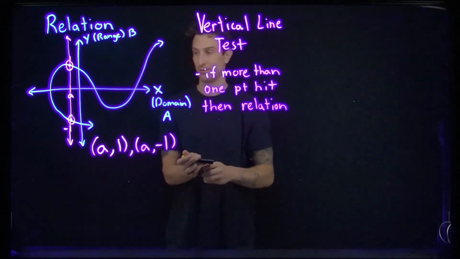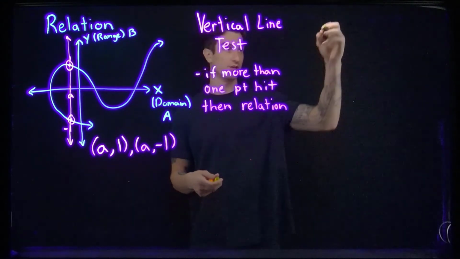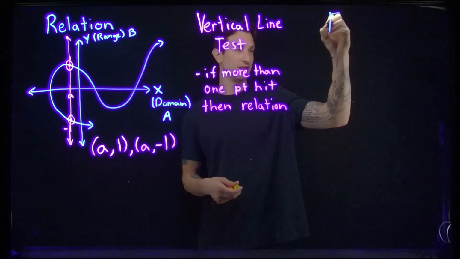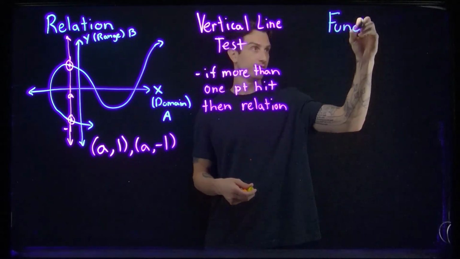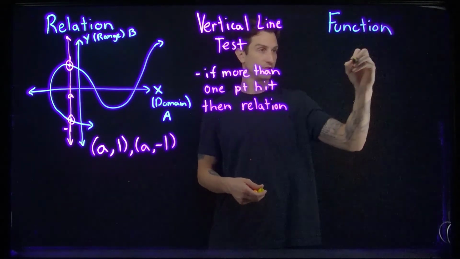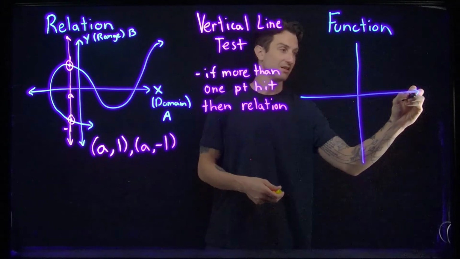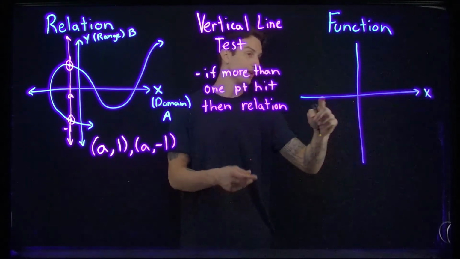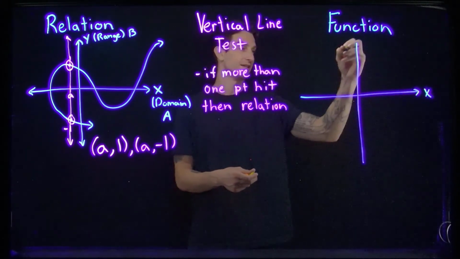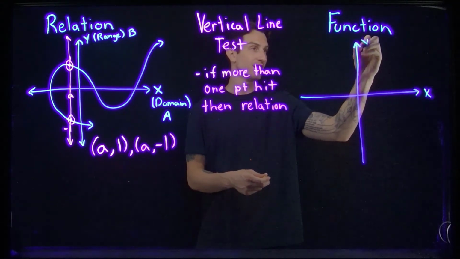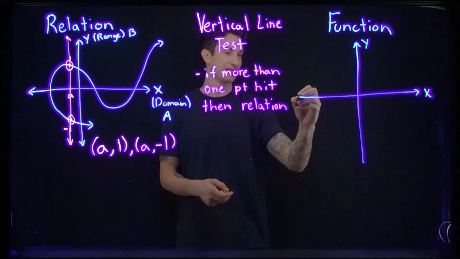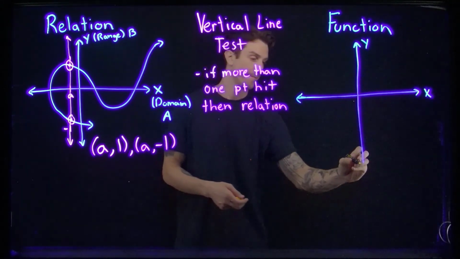Now, on the other hand, maybe I do have enough space for a function. You could think it's just going to be the opposite. So again, we have our xy plane here. Think of your x values as your domain, whatever you can plug in along this x-axis, and think of your y values as your range, whatever is going to be that second value in your ordered pair.